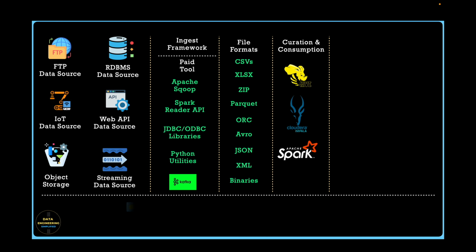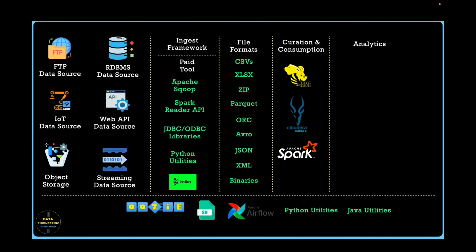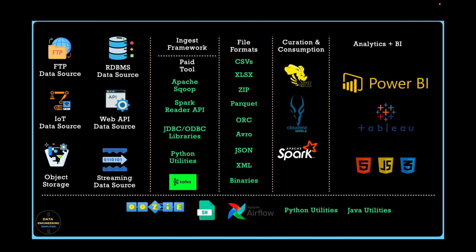All these flows can be orchestrated using tools like Apache Oozie or shell scripting, Apache Airflow, or custom Python and Java utilities. And sometimes, some enterprises use third-party tools like Control-M or Rundeck. On the right-hand side of the diagram, we have analytics and BI tools. Commonly used technology stacks here include Power BI, Tableau, or custom-built web applications.